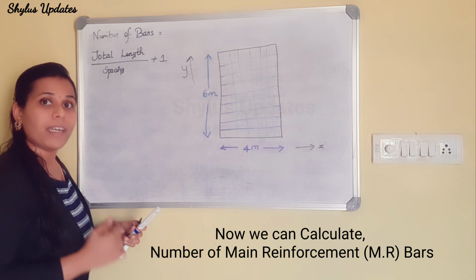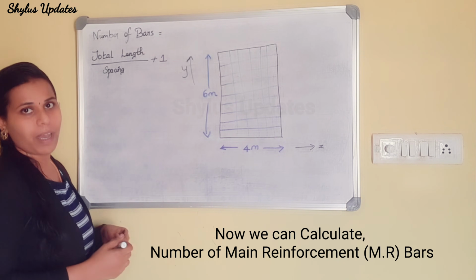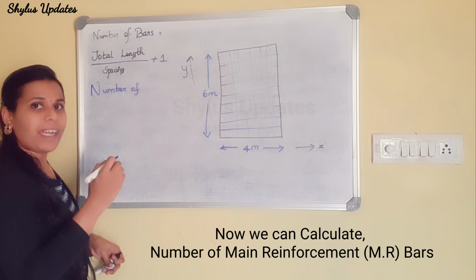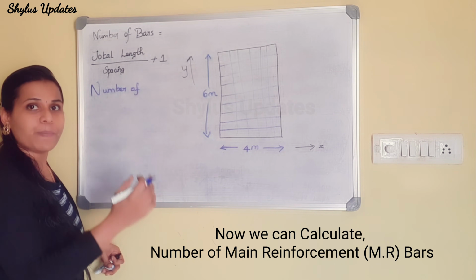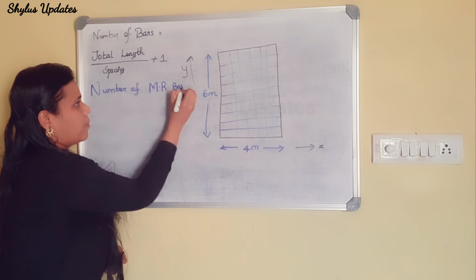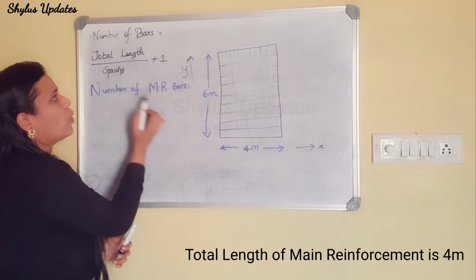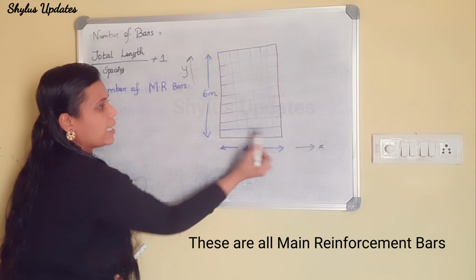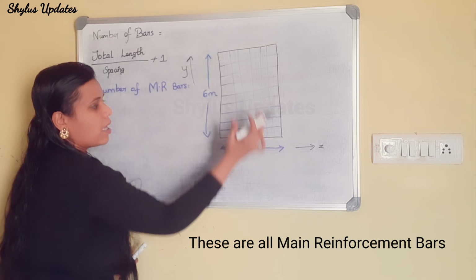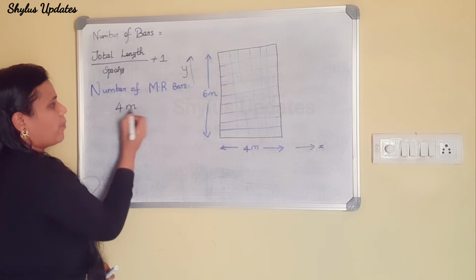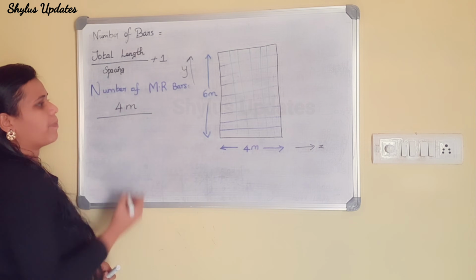Now we can calculate number of main reinforcement bars. To write in short, we can write main reinforcement as MR. Total length of main reinforcement bar is, we know that 4 meter. These are all main reinforcement bars. So we can write here 4 meter divided by spacing.